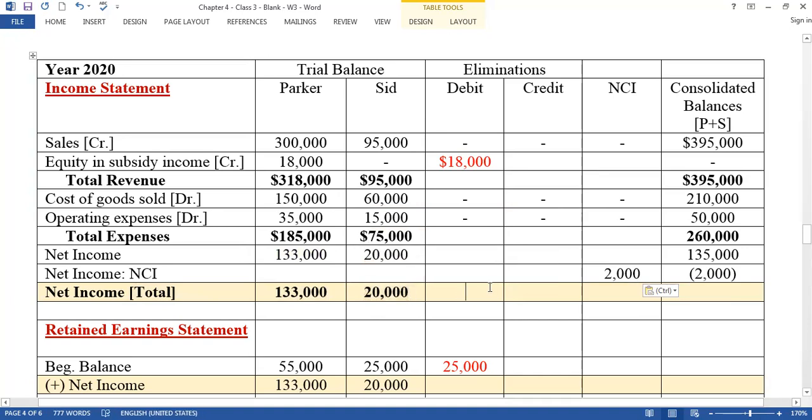Now, as it is the total column, we can put 18,000. Here we have nothing. Here we have 2,000. This is the total. And here, after deducting this, we have $133,000.